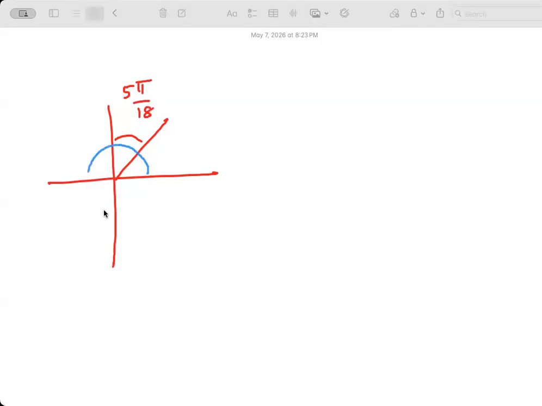Let's see. How about this, a good one. I have one angle given, which is 5 pi by 18. What I want to know is the blue angle, in radians.